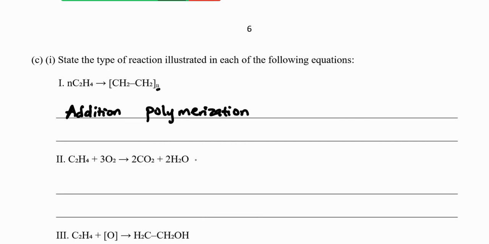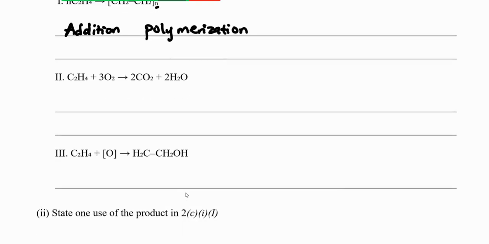When we have more and more alkene units, it usually involves alkenes. Now, the next one is a combustion reaction, because combustion is the reaction where a hydrocarbon reacts in the presence of oxygen to give us carbon dioxide or carbon monoxide and water. So we see our products here are carbon monoxide and water. This is what tells us this is a combustion reaction.